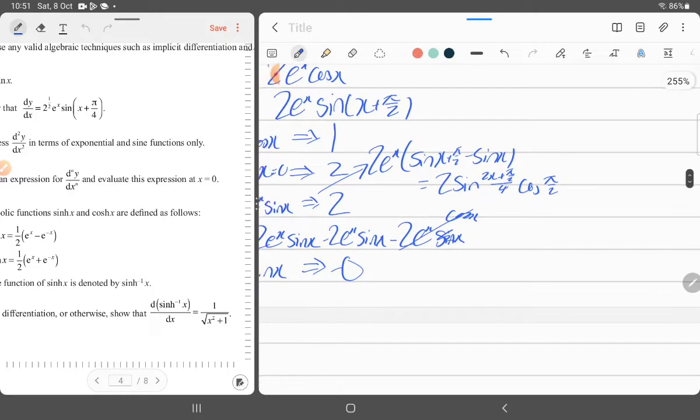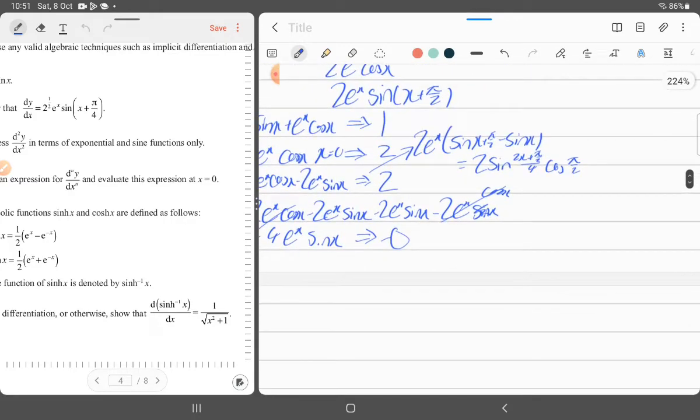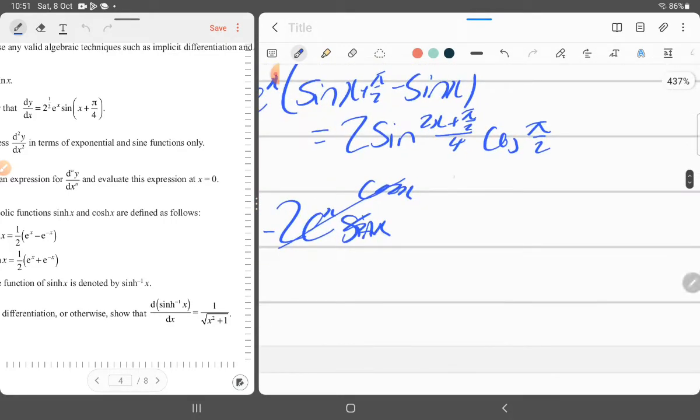Oh wait. Is it 3 over 2? Right, this is square root of 2. No, this is cosine pi over 4.